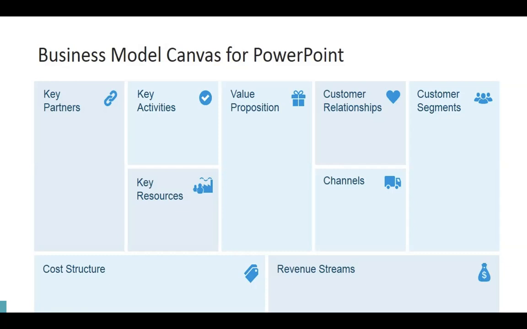All of the same quadrants still apply. The wording could change slightly, but in revenue streams, it might be funding streams or something like that. It just depends on your organization, but this canvas works very effectively for nonprofits.